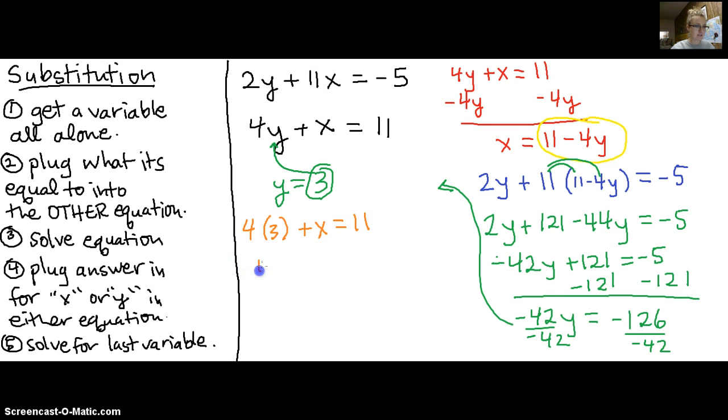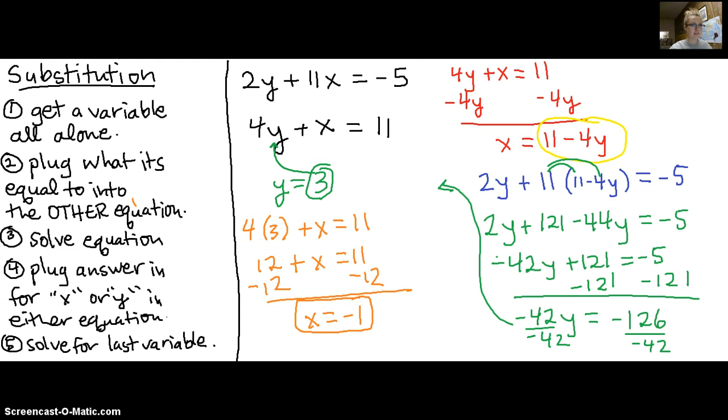Now this is the same as 12 plus x equals 11. I subtract 12 on both sides, and I find that x is equal to negative 1. So I jump to that last step as well, solving for the last variable, step 5. So here's my answer for x.